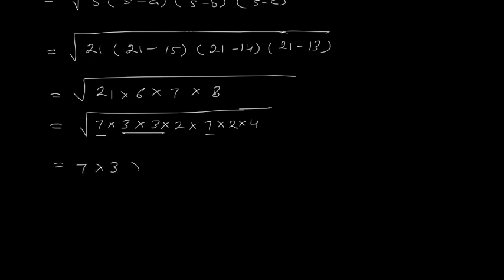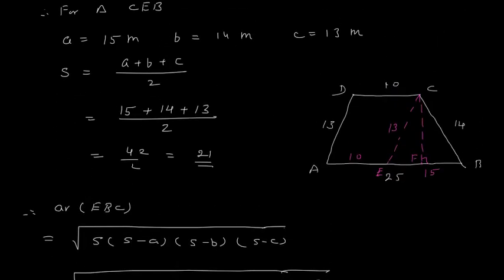This 2 into 2, I will write 2 and square root of this 4 is again 2. So 2 into 4, 4 into 3 is 12, and 12 into 7 is 84. So 84 meter square is the area of triangle CEB.